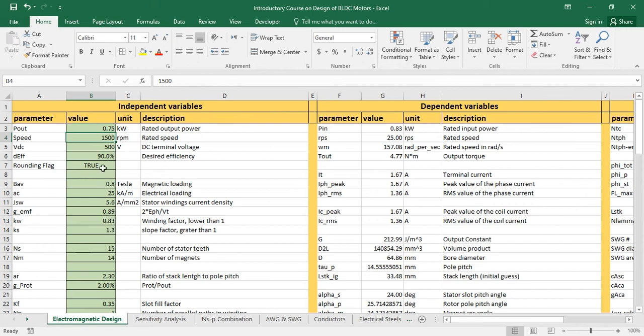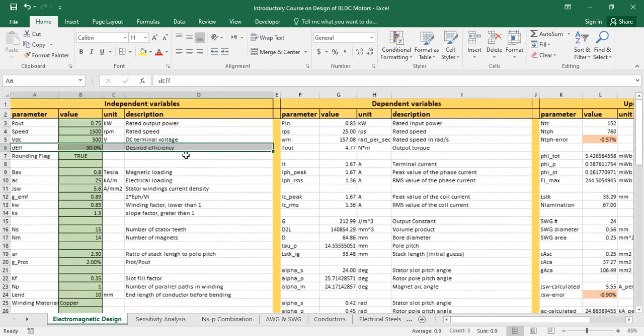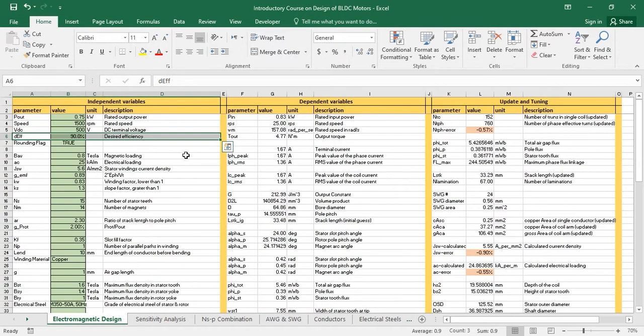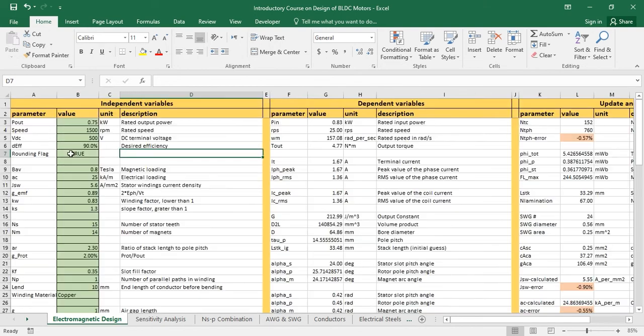So we assume a number for efficiency at the beginning of design, and then we do the design to see if we can satisfy this desired efficiency or not. So this is desired efficiency. And the rounding flag can be true or false. I will give you explanation of this variable later, but for now set it as true.